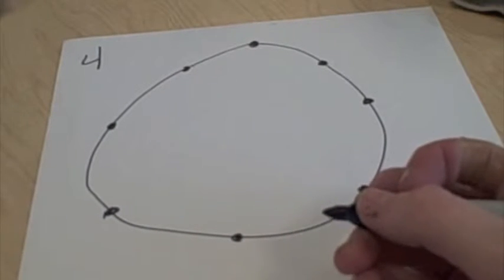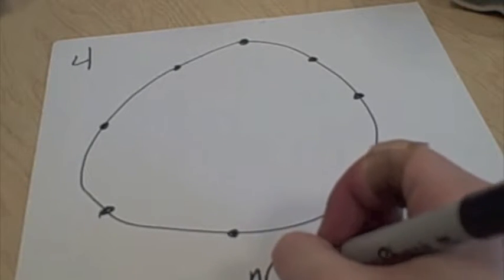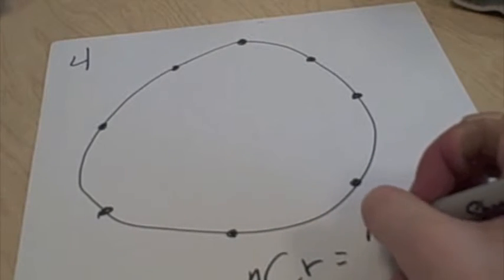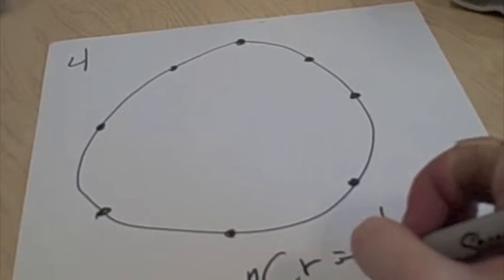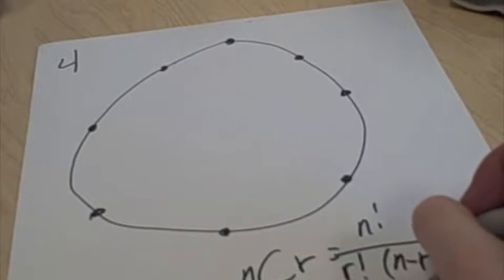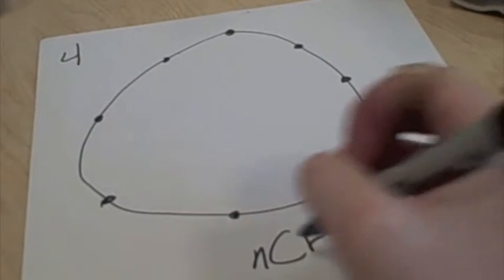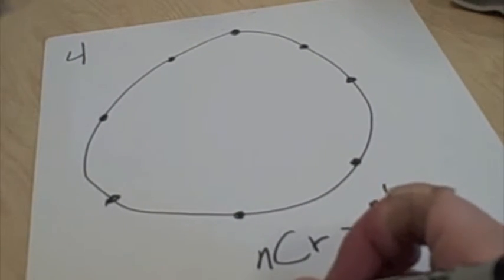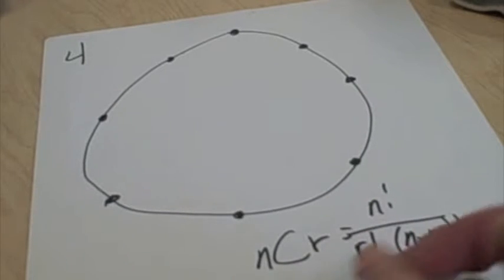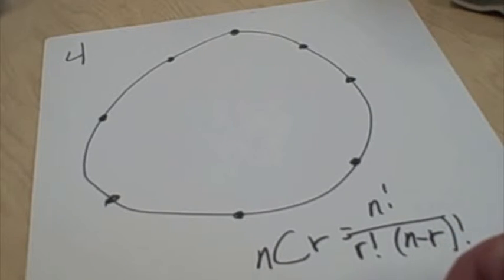So instead, I chose to do combinations, nCr. And the equation for that is n factorial over r factorial times (n minus r) factorial. So if I put all the things right, it'll be 8 factorial over 3 factorial times (8 minus 3) factorial.